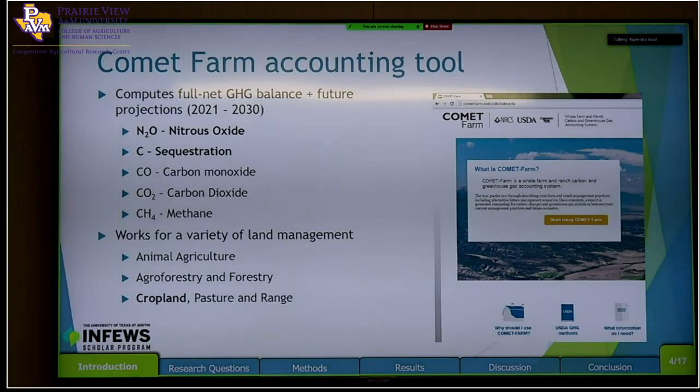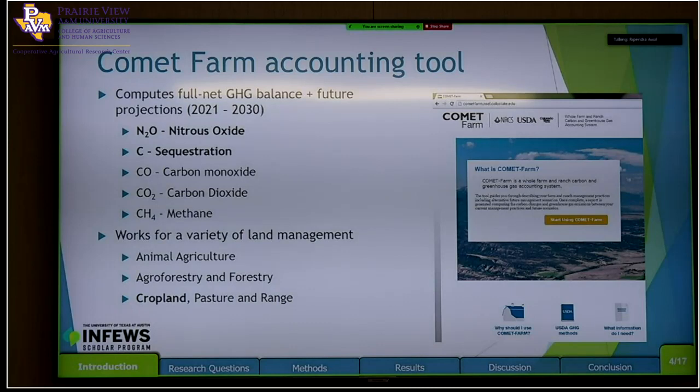And it calculates a number of greenhouse gas emissions like nitrous oxide and carbon sequestration. Well, carbon sequestration is what helps, but all the other gases are emissions. So nitrous oxide, carbon sequestration, carbon monoxide, carbon dioxide, and methane. But my study is specifically going to focus on just nitrous oxide and carbon sequestration.